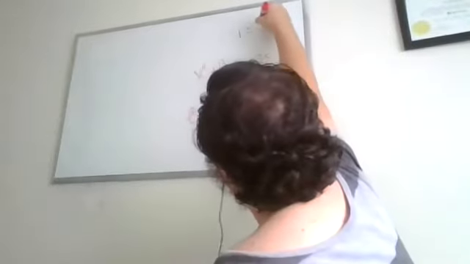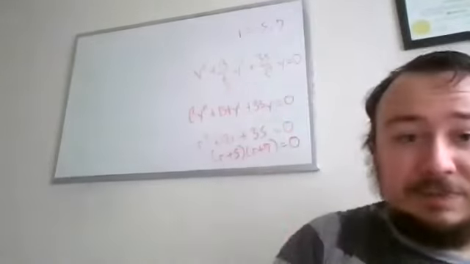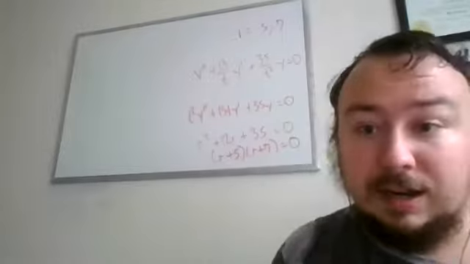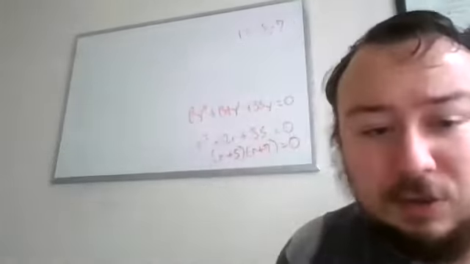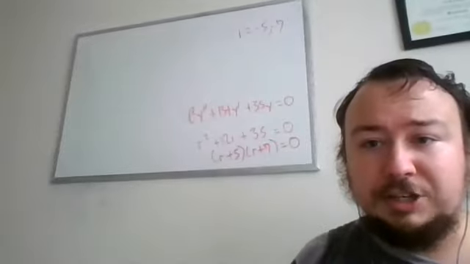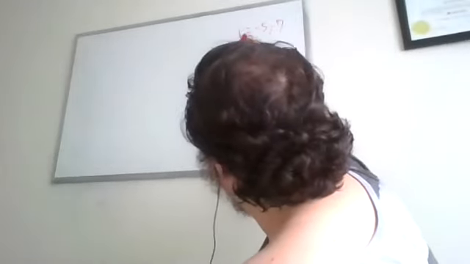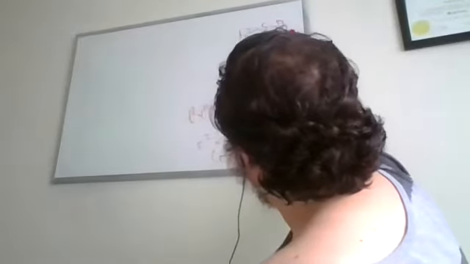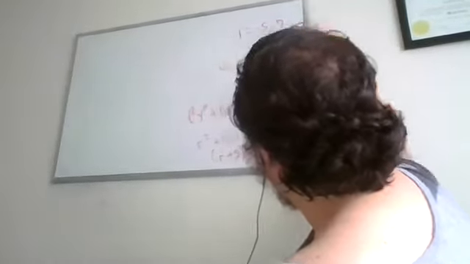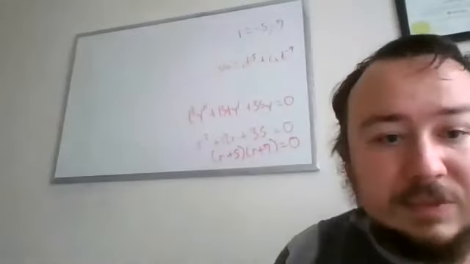So we get r is -5, -7, and those will be our powers of t for this one. So the moral of the story is, even though it doesn't look like a Cauchy-Euler equation, it's still going to end up being that way. So we have y equals c1 t to the -5 plus c2 t to the -7 right there.